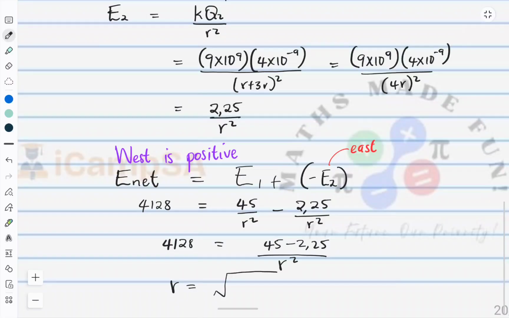I don't want to take it elsewhere, I want to finish it off here. So this is the square root. What is 45 minus 2.25? It's 42.75, all of this over 4128.